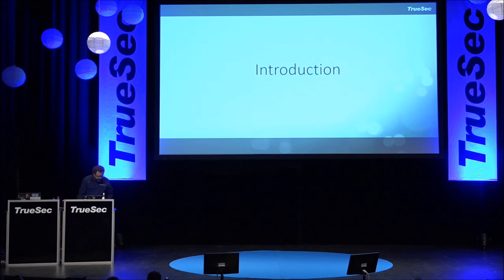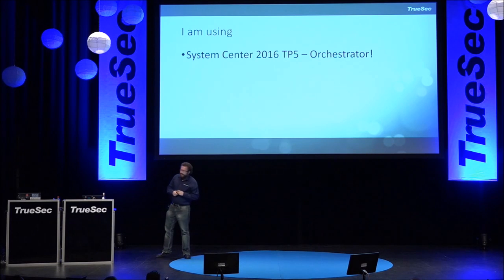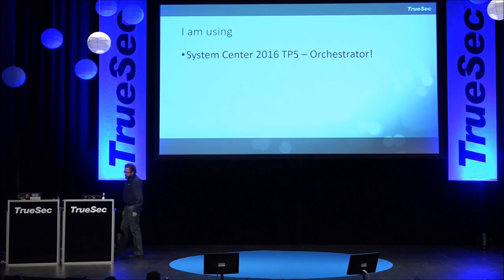First of all, an introduction. I'm using the technical preview 5 of Orchestrator, which I installed last week, and tested the new functionality. So everything you see here is available for you to play with when you get home. Actually, some of it also works with the 2012 version, but you'll see that.